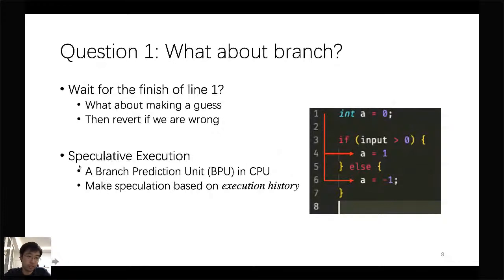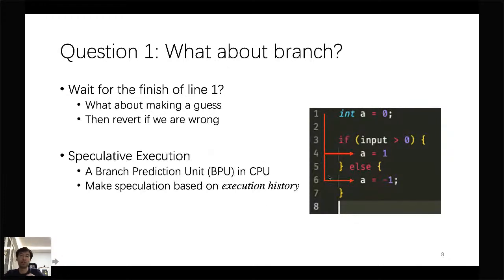Such technology is called speculative execution, and it widely exists in modern CPUs. The speculative execution is driven by a special unit called the BPU, the branch prediction unit. It's an isolated unit in the CPU, responsible for branch prediction, and its speculation is based on the execution history.